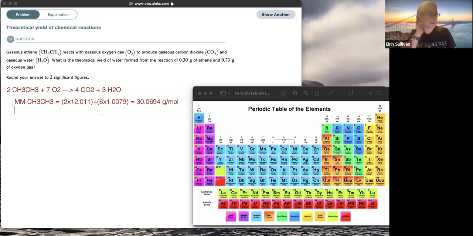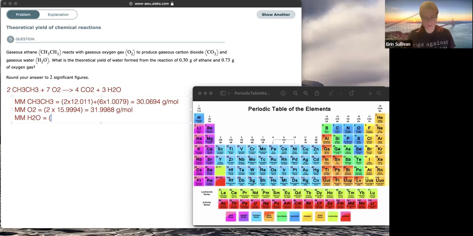All right, and then I need it for oxygen. O2 is going to be 2 times 15.9994, which is 31.9988 grams per mole. And then my molar mass of water, H2O. Wow, I'm hitting all the buttons today, aren't I?